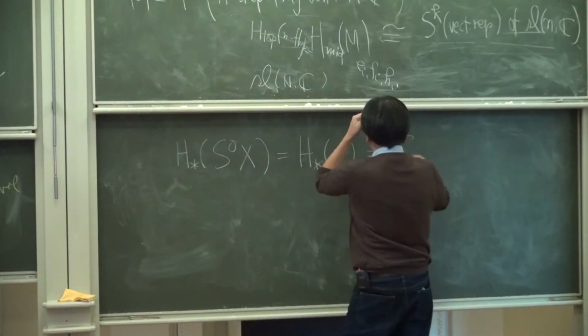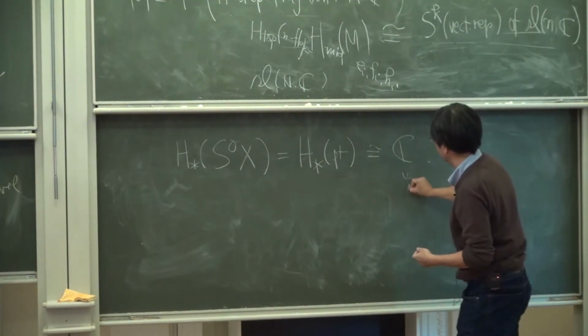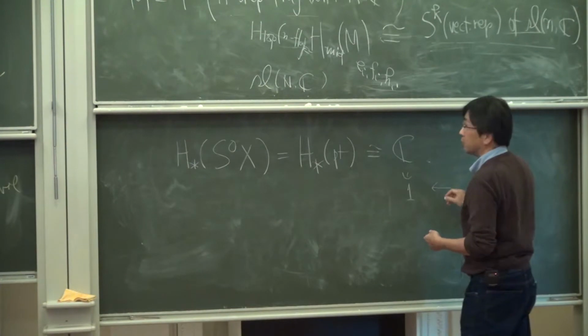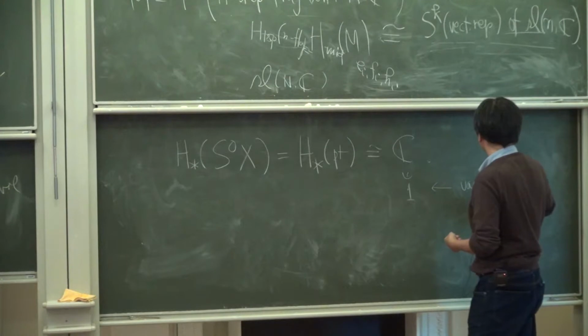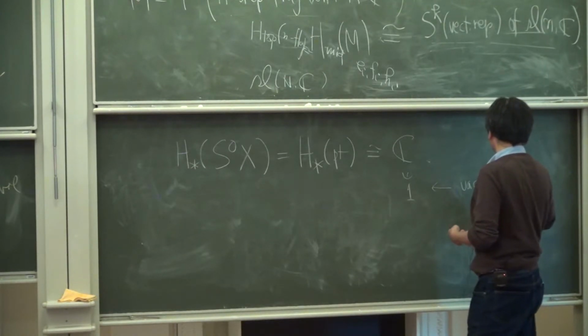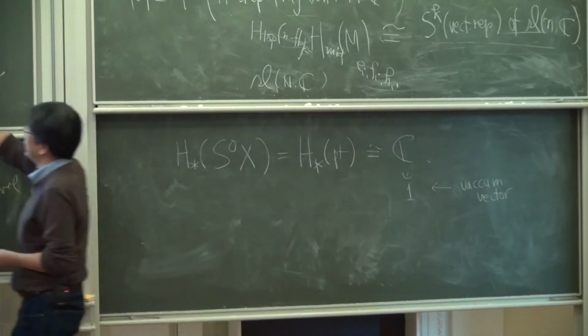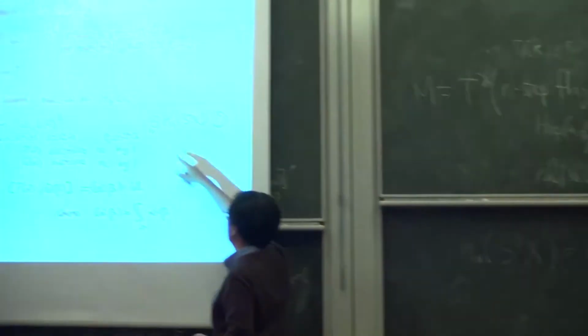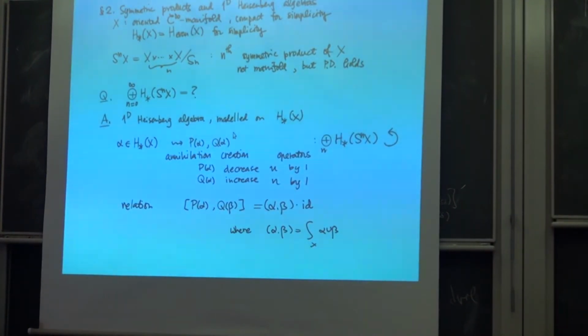So this is C, and this is the canonical one element, which in physical language corresponds to the vacuum vector. And any element in this space can be constructed from this vacuum vector by successively applying the creation operators. So this is the structure of the representation.